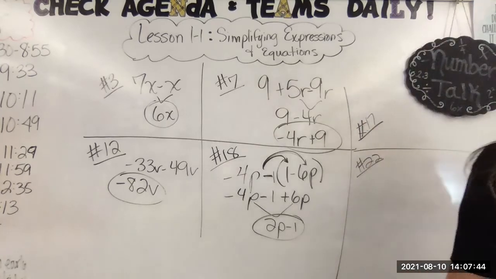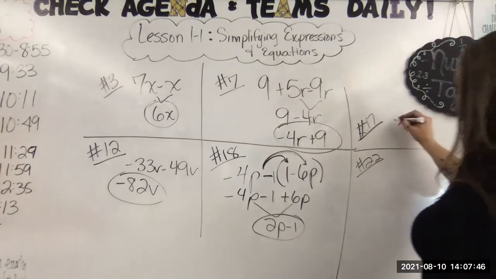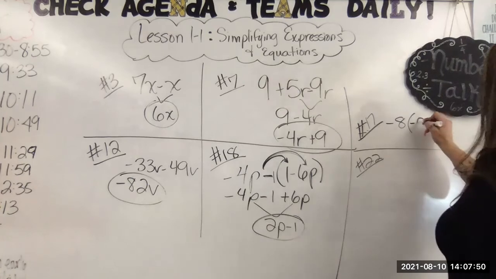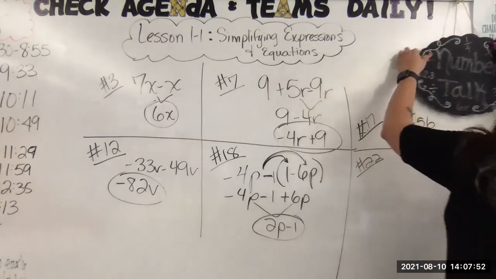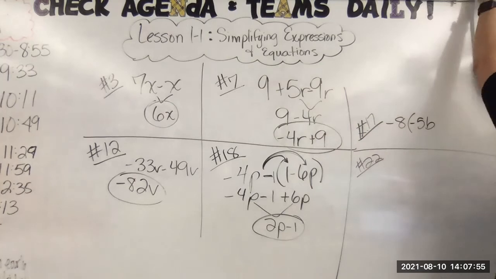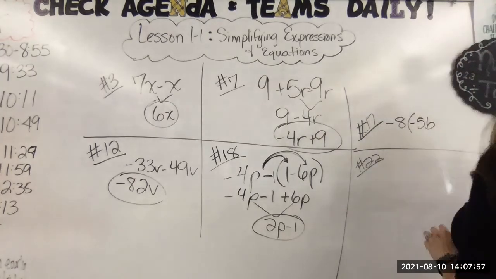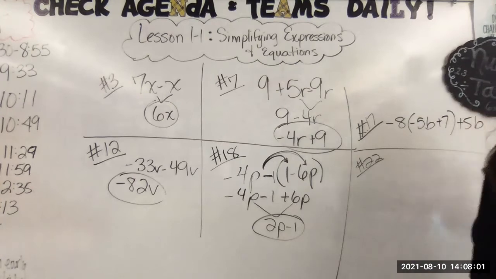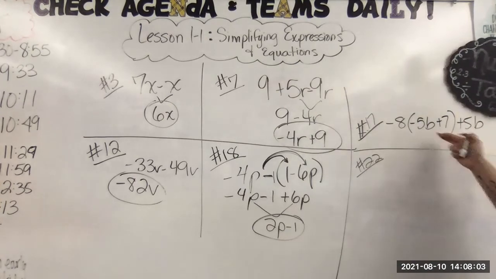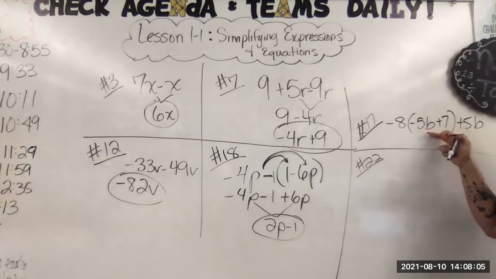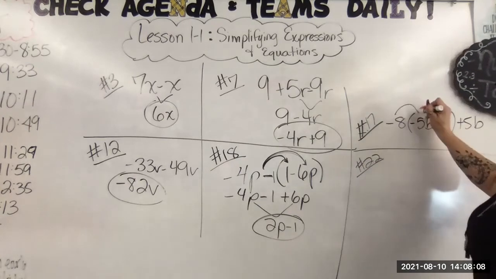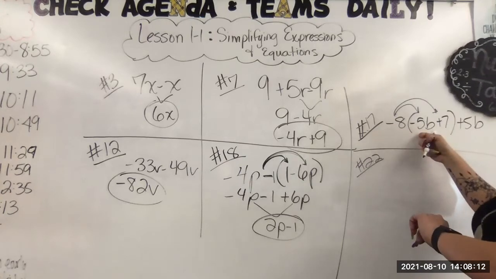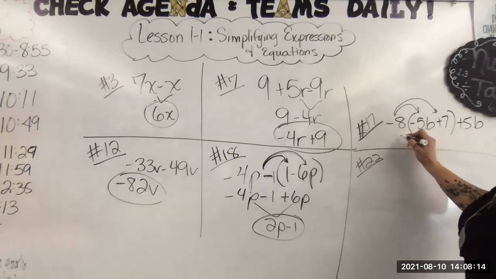Okay. -8 times -5b plus 7, plus 5b at the end. So again, we see the parentheses. We want to distribute that number in front first. -8 times -5 is +40.